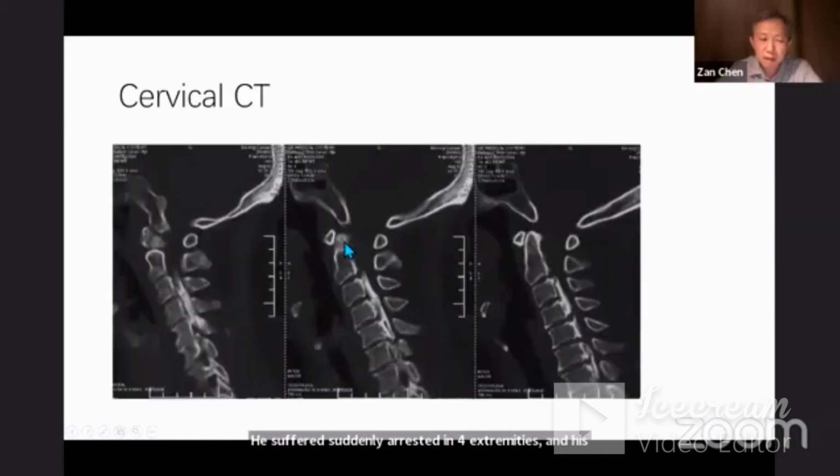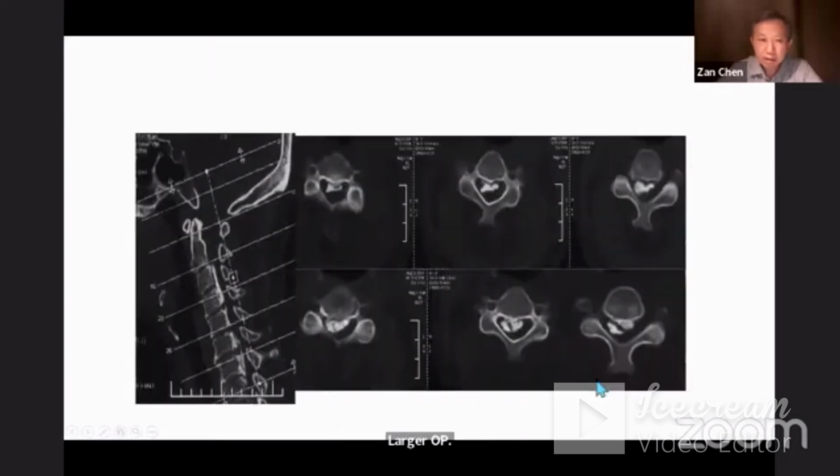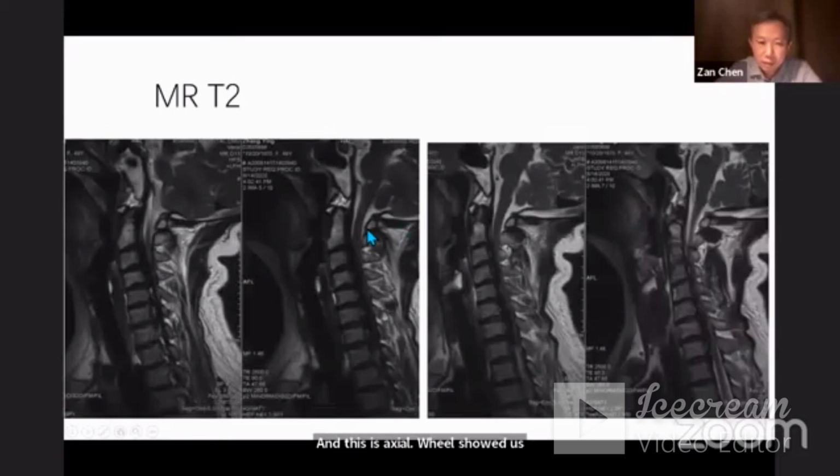The CT scan showed a very large OPLL lesion from C3 to C7. And this is the X view showing the OPLL lesion. And the MRI showed the spinal cord is severely compressed.